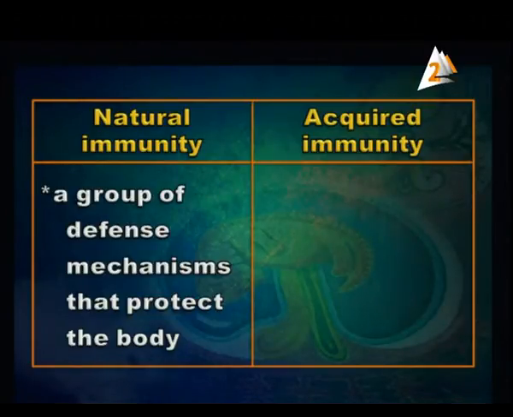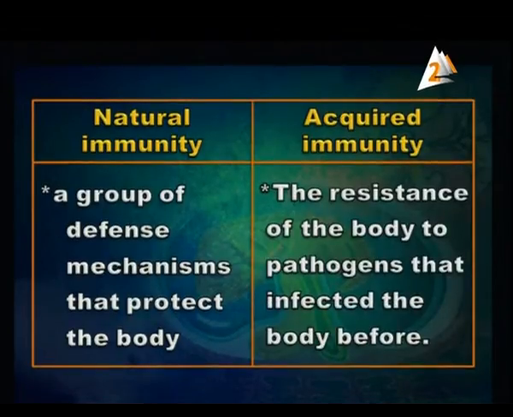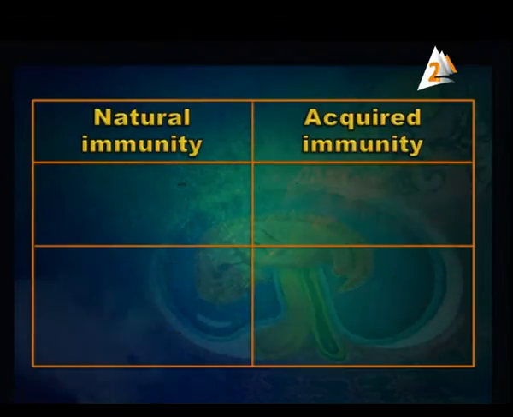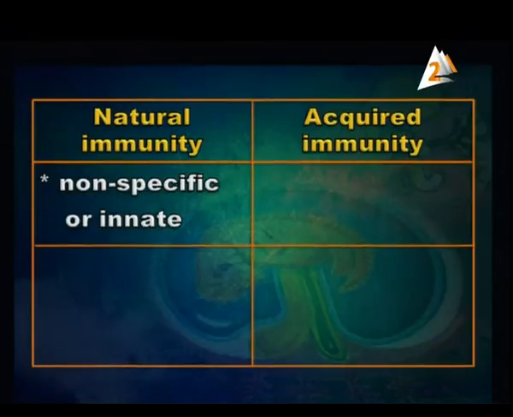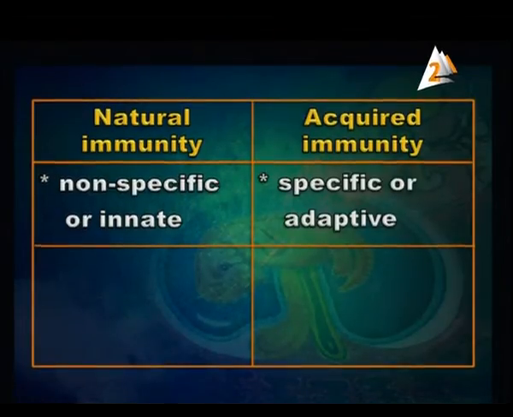Natural immunity is a group of defense mechanisms that protect the body, while acquired immunity is the resistance of the body to a pathogen that infected the body before. Natural immunity is non-specific or innate, while acquired immunity is specific or adaptive.